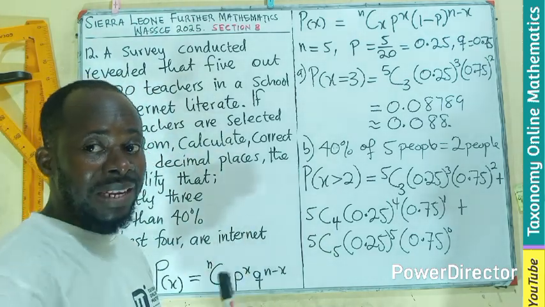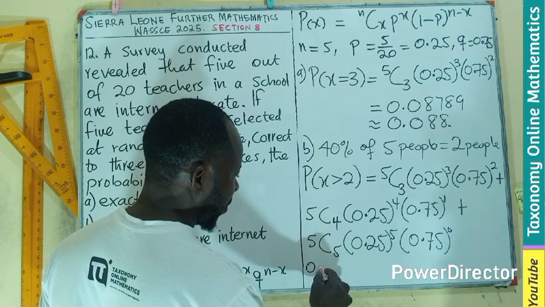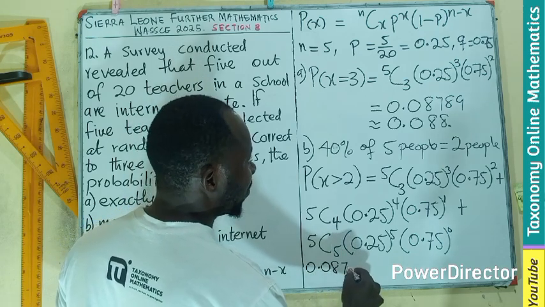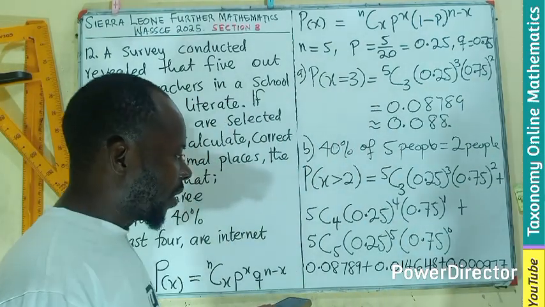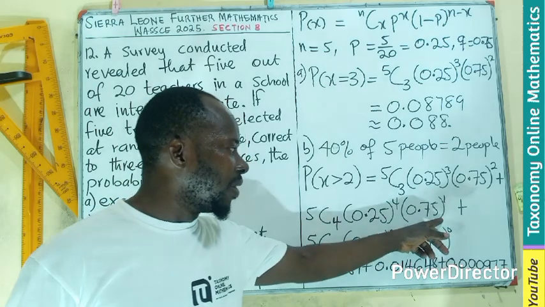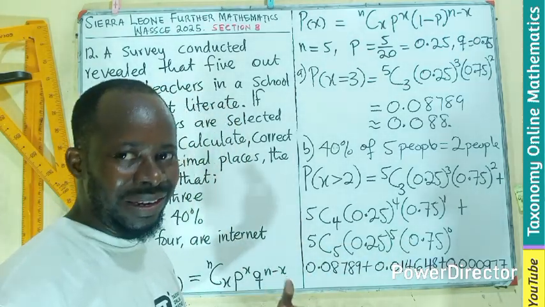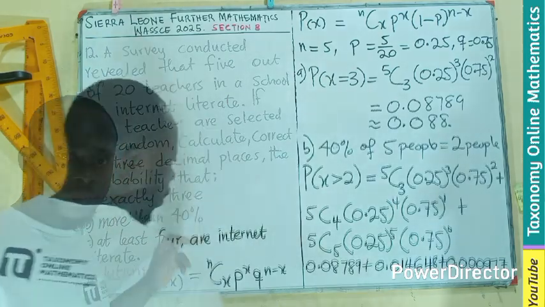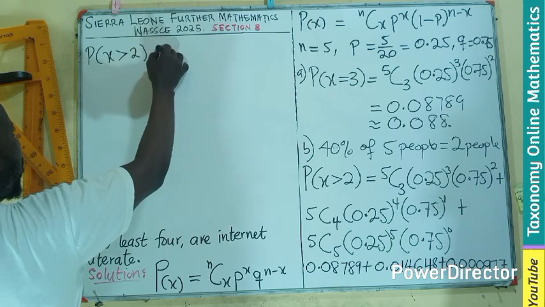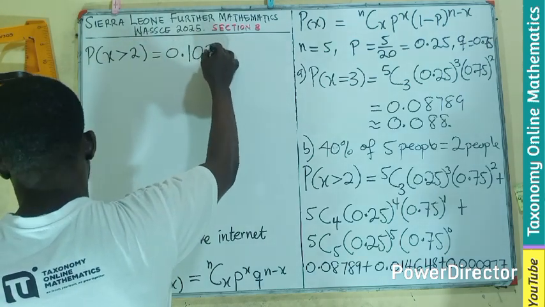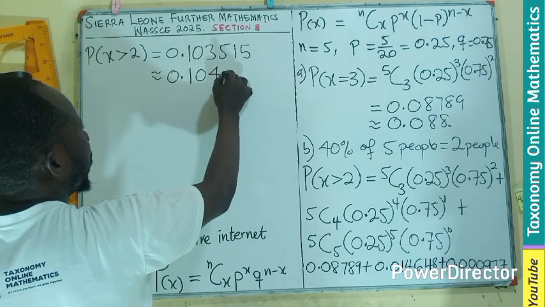The first one we already know is 0.08789. Adding all of these, the probability of x more than 2 will be 0.10351, approximated to 3 decimal places.